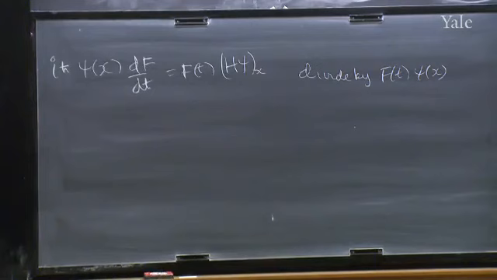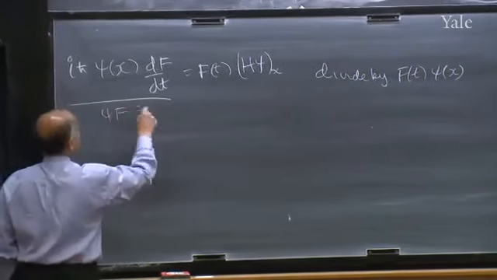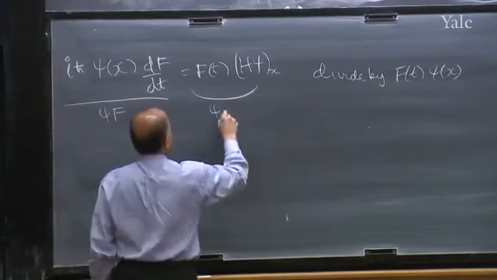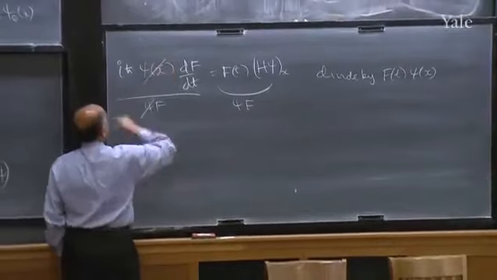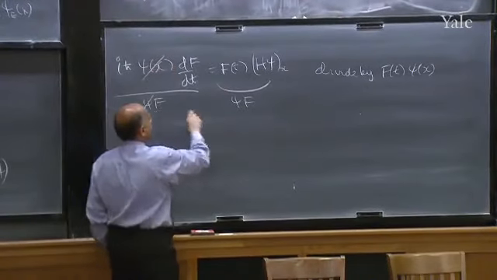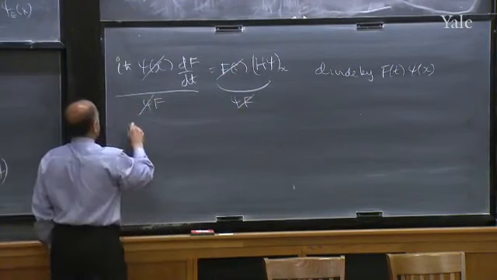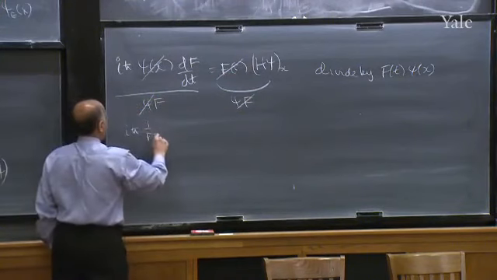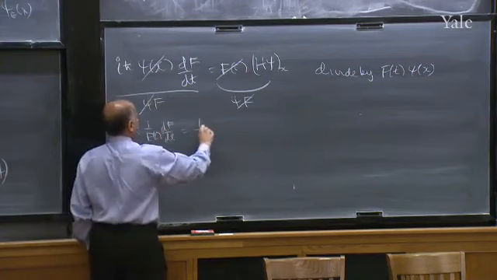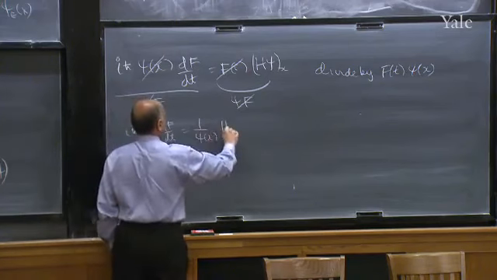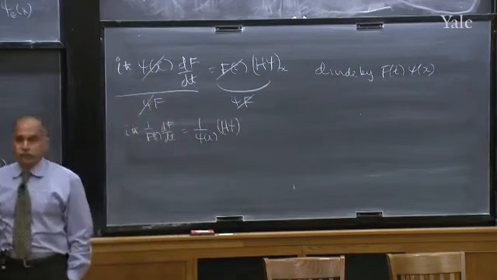On the left-hand side, I say divide by ψf. On the right-hand side, I say divide by ψf. Can you see that the ψ cancels here? You have a 1 over f cancels here, and you have a 1 over ψ. The equation then says iħ (1/f(t)) df/dt is equal to (1/ψ(x)) Hψ.